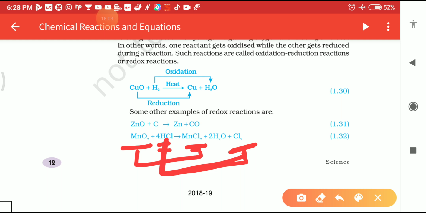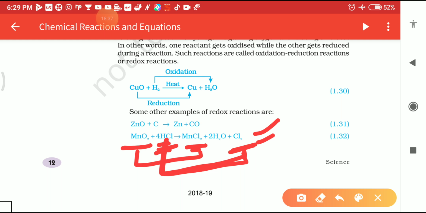Why does oxidation take place? Because in oxidation there is addition of oxygen and removal of hydrogen, so we are removing the hydrogen here, and it will give rise to chlorine only.